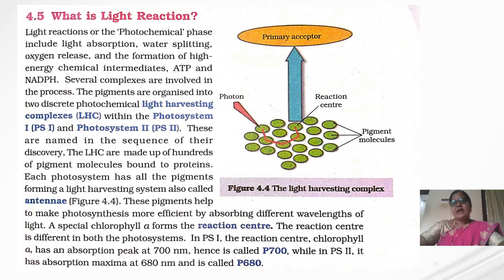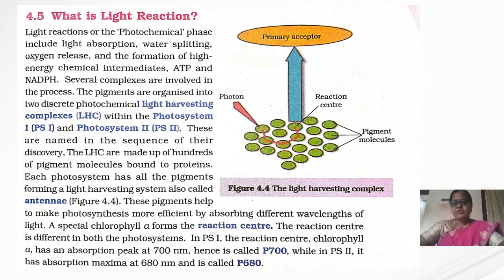In this light harvesting complex, a special chlorophyll a is present, which we call the reaction center, and it is different in photosystem 1 and photosystem 2. The light reactions include light absorption, water splitting and oxygen evolution.